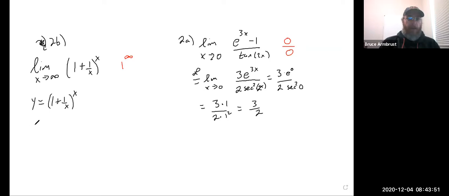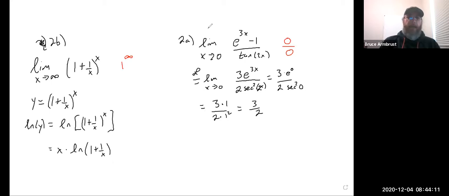Okay, so if I take the natural log, I get the natural log of y is equal to the natural log of 1 plus 1 over x to the x. I can bring that x out front. So we get x times the natural log of 1 plus 1 over x. And if you were to plug in your infinity at this point, you're going to see you get infinity times the natural log of 1.